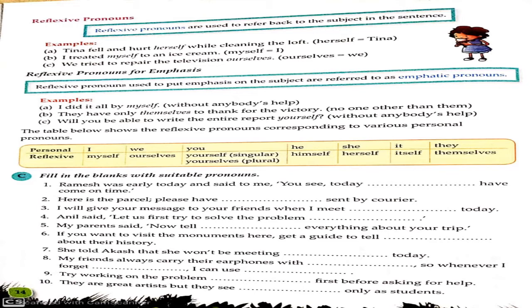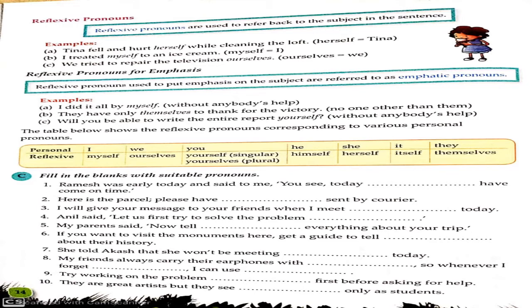The bracket, if you can see, without anybody's help, is not mentioned in the sentence, but it is being understood. They have only themselves to thank for the victory. So themselves is the reflexive pronoun. In the bracket, if you can see, no one other than them, which is being understood.